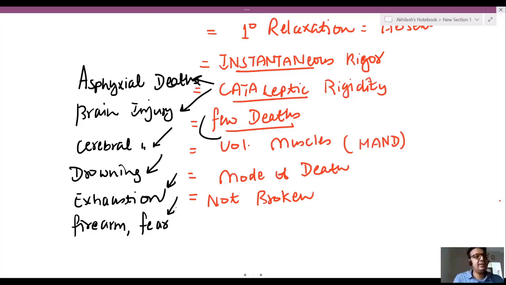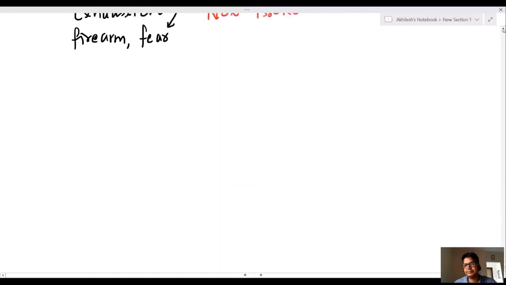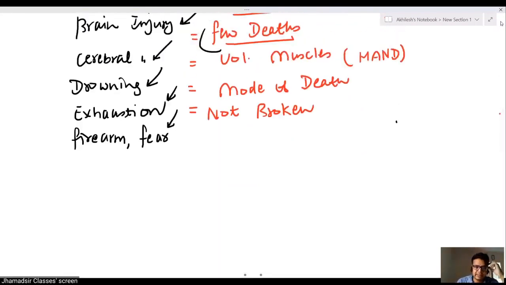But rigor mortis will be seen in all body muscles after death, and it takes some time to develop. Cadaveric spasm is seen in few muscles just after death, and it is a very tough stiffening, generally not broken. It gives an idea about mode of death. Rigor mortis gives an idea about time since death.